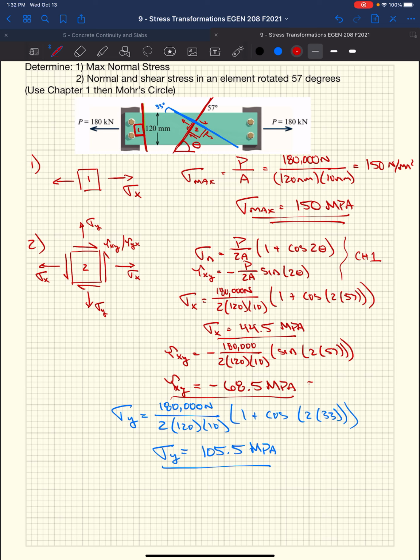And we know tau xy has to equal tau yx, okay? But if we put in sine of 2 times 33, you're going to get the exact same answer.